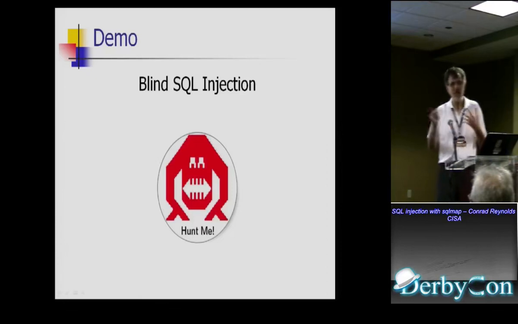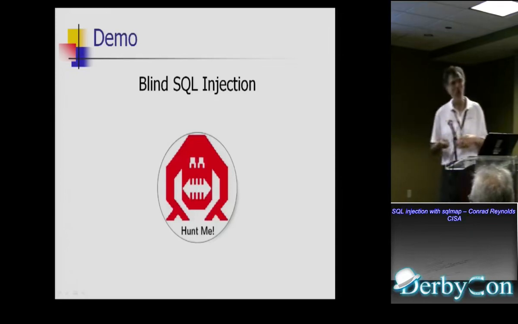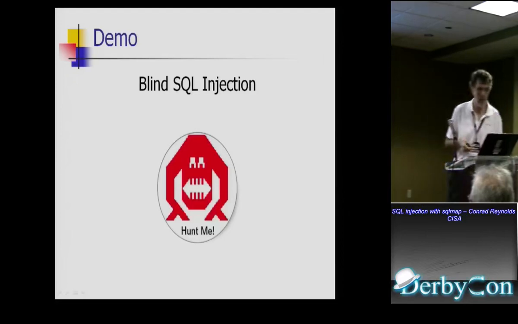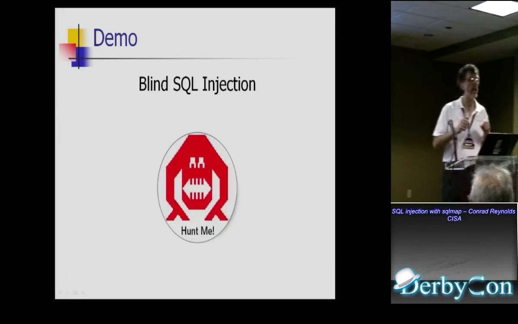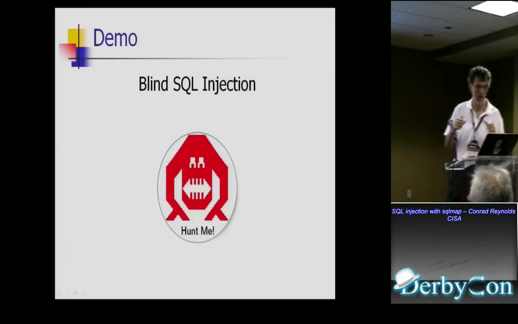You might get a message, or it will take you to one page, or give you an option in one case or no option in the other, but you're not really getting anything from the back end. Because you can't see any of the names of the tables or the databases in the back end, we call that blind SQL injection.